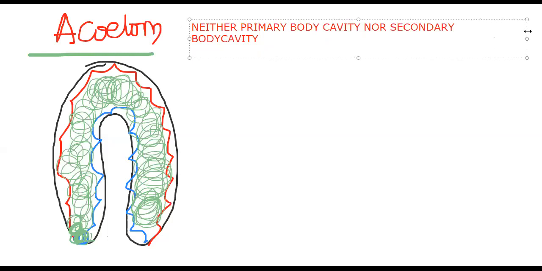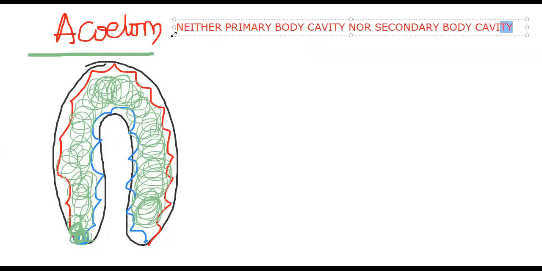That reflection we need to see in the adult: neither primary body cavity nor secondary body cavity. That is the keyword to be remembered.